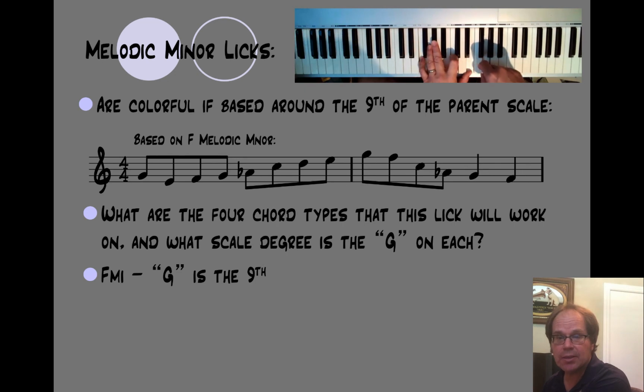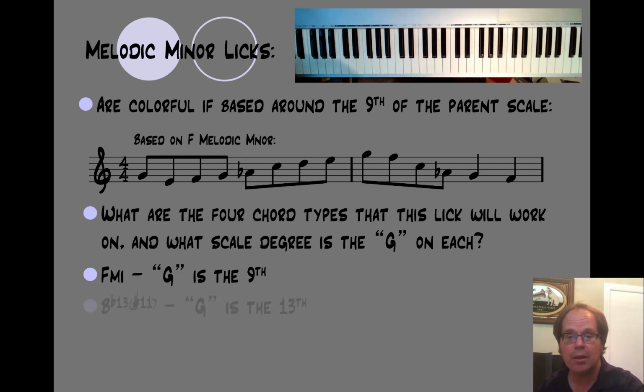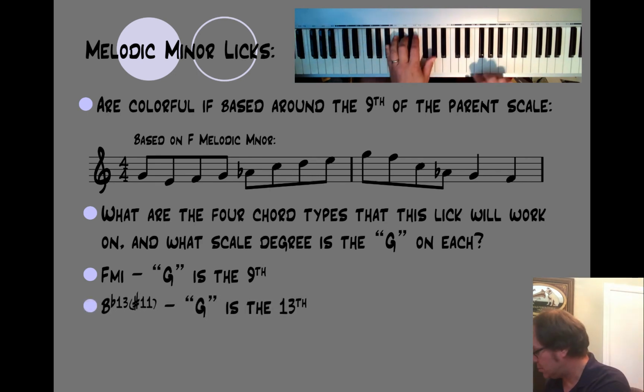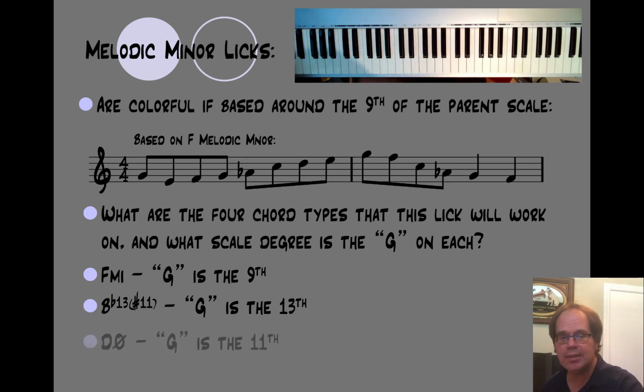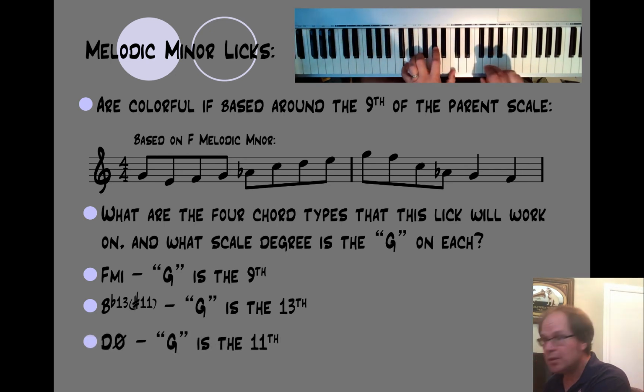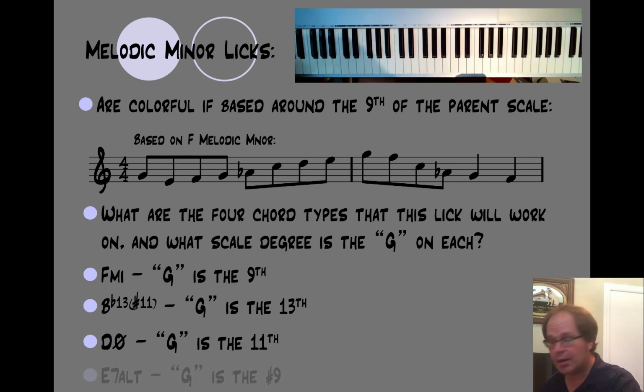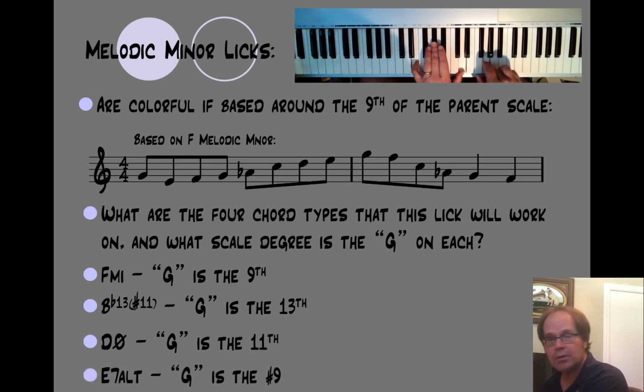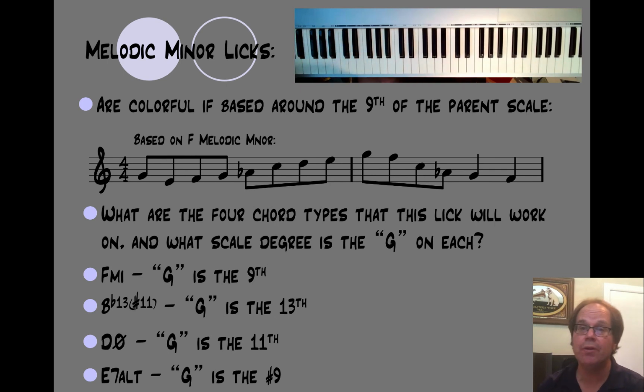Notice this lick starts on a G, and it starts the next bar on a G. On a B flat 13 with a sharp 11, it's the 13th. On the D half diminished, it's the 11th, and on the E7 altered, it's the sharp 9. It's a beautiful extension on all of those chords.